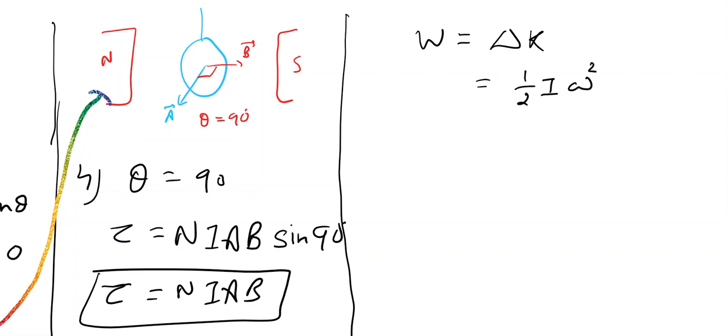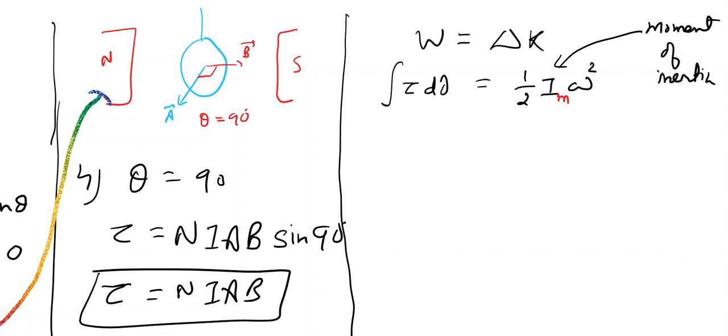Now this is the moment of inertia. Don't get confused, and so we'll label it as I_m. And what is work done? Work done is tau d theta, because as the coil rotates, theta changes, and hence it is not as simple as in the case of linear motion where we take work to be force dot displacement.